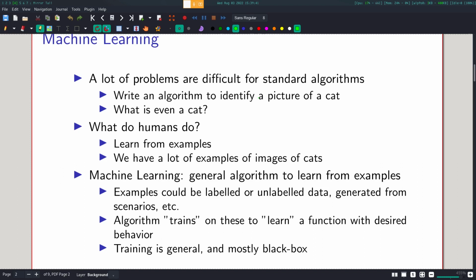Because first of all, whenever you're writing a program, you need a very solid definition of whatever it is that you're trying to identify. What is a cat? We can't really have a mathematical or algorithmic definition which characterizes a cat. You could say things like, okay, we'll start with the eyes and so on, but the eyes can have different lighting, different shades, different colors, they can look various different ways.